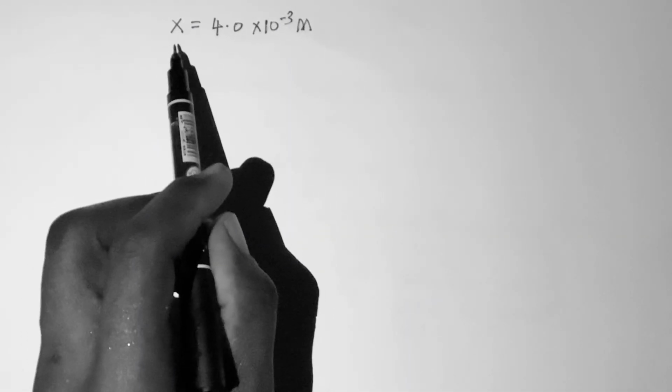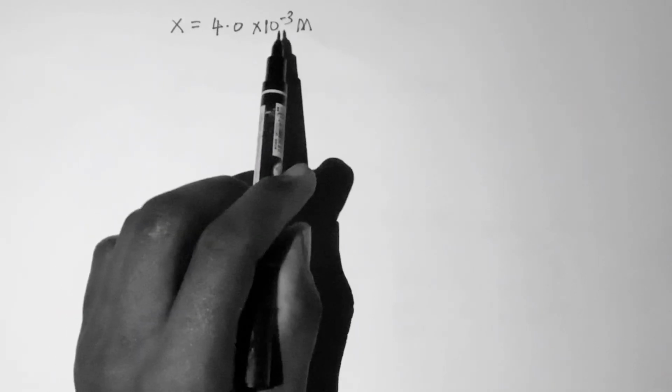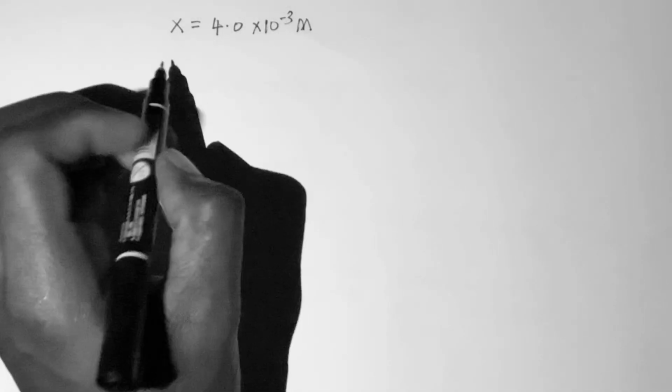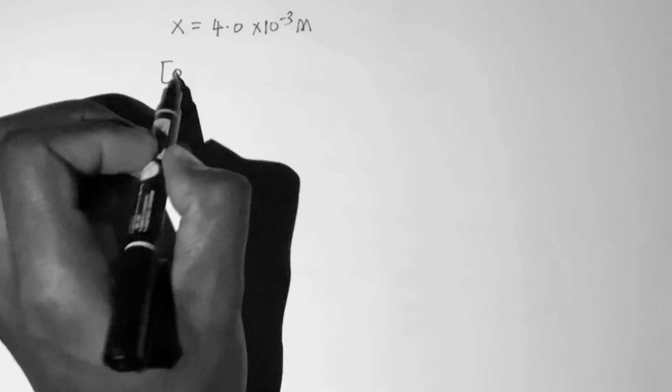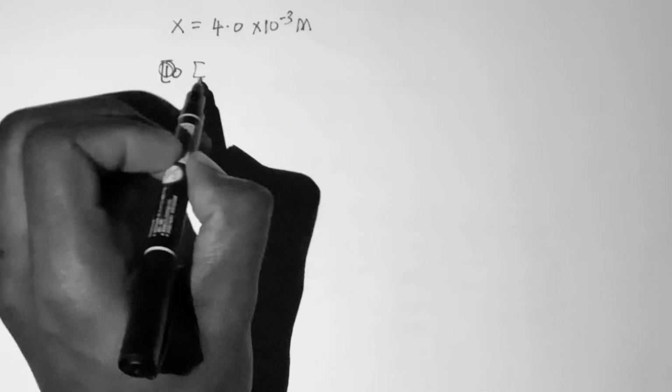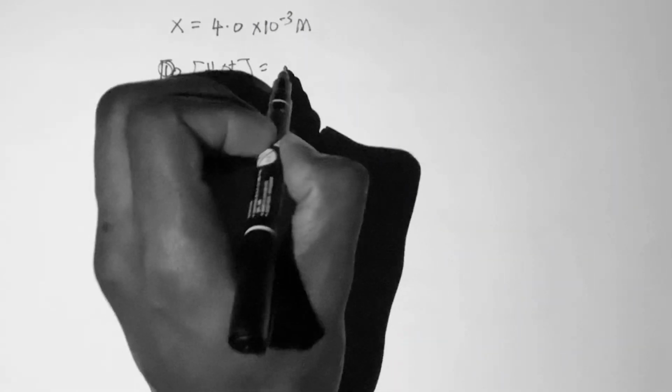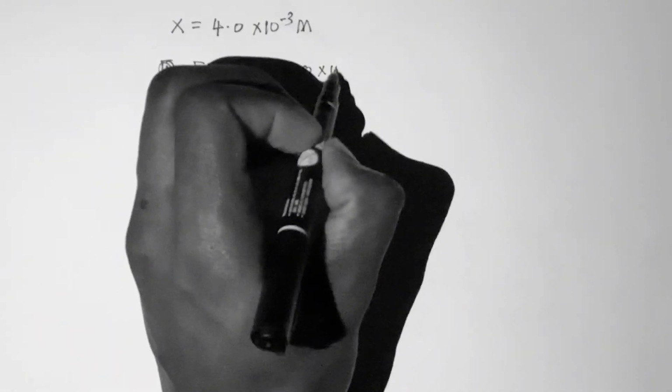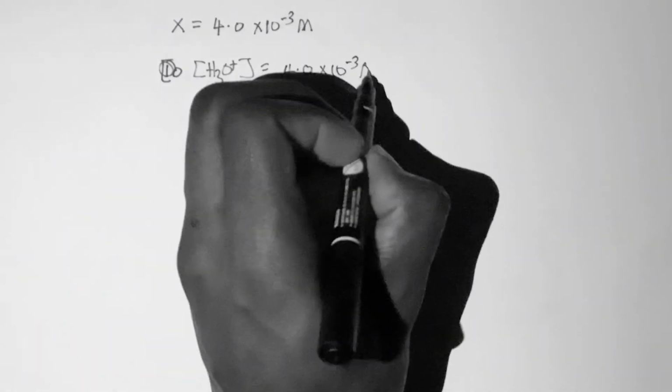So we got x as equal to 4.0 times 10 exponent minus 3 molar. And x is the concentration of H3O plus. And that is equal to 4.0 times 10 exponent minus 3 molar.